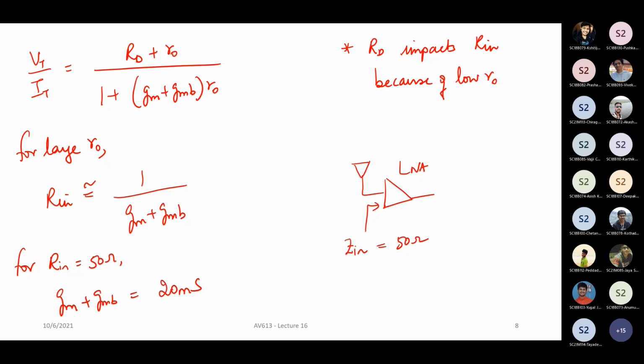So this is a value that can be achieved. In fact, this common gate LNA is one of the candidate architectures that people use for LNA design in RF circuits. The MTech students, of course, you will be taking up that course next semester as an elective. We will go in detail about those things there.